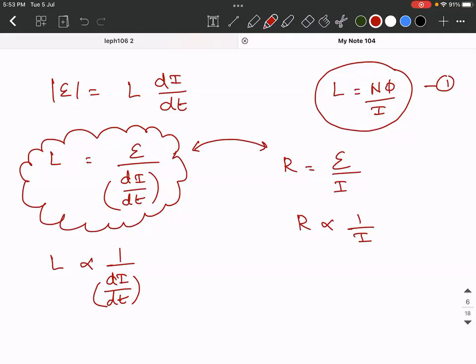Okay, that is why it will generate an EMF to protect, and that EMF is called back EMF. I'll come to that slowly. So have this word back EMF in your mind. We'll go step by step. Is this point clear? So write it down.